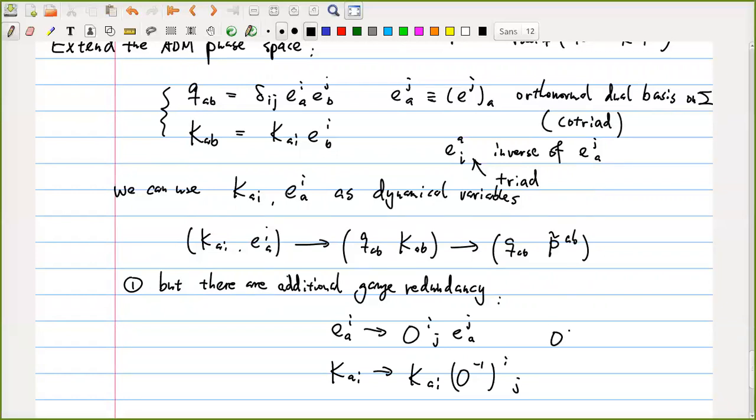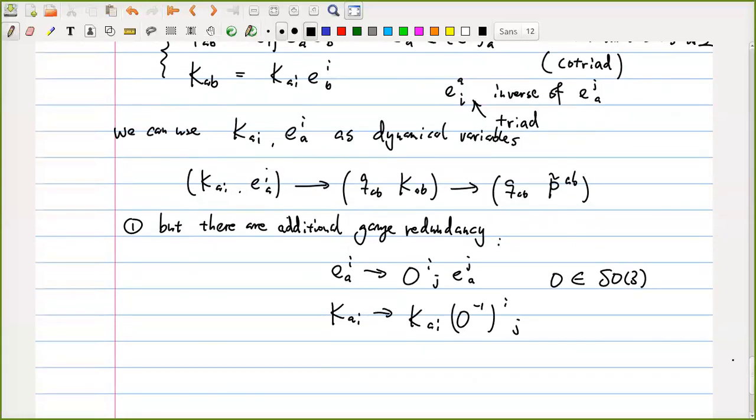This matrix O is a 3 by 3 matrix because I and J both run from 1 to 3, and it belongs to the so-called SO(3) group. What is the SO(3) group? It is the group of special orthogonal transformations, or special rotations of the basis. Special means determinant equals 1.